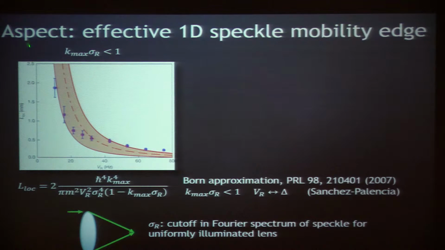As they crank up the disorder, the system becomes more and more localized and the localization length shrinks. Using the Born approximation, they're able to do some theory here. It's a non-interacting system, so you should be able to figure out how the localization length depends on various things, like the maximum allowed k-vector of the atoms and the spatial length scale of the disorder.